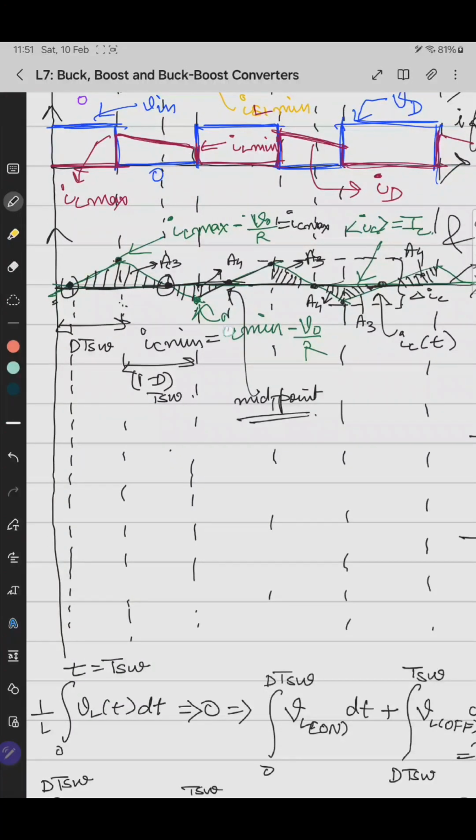It is this point. So this point to this point is one switching period.